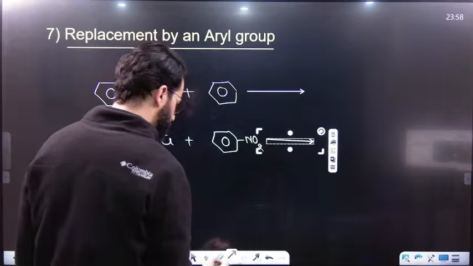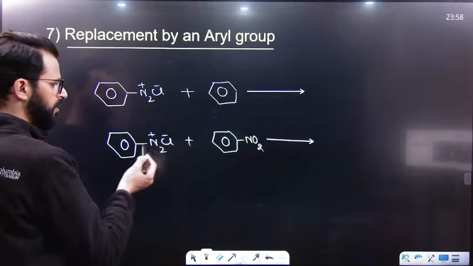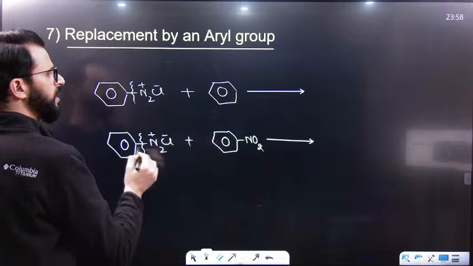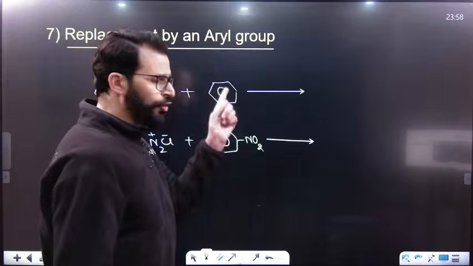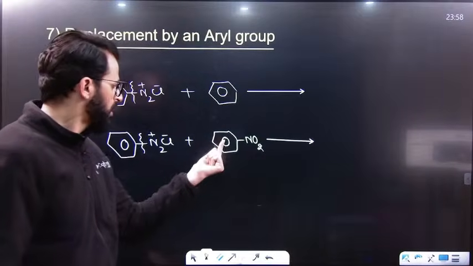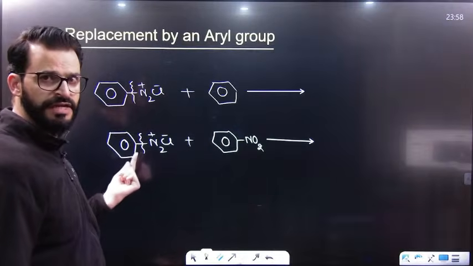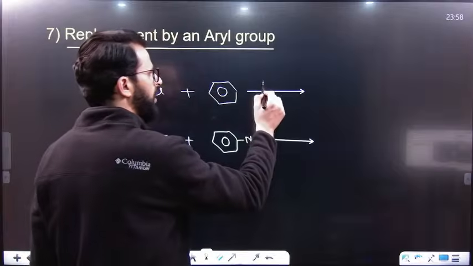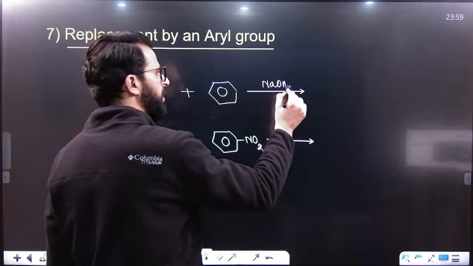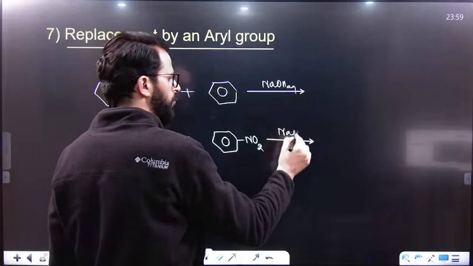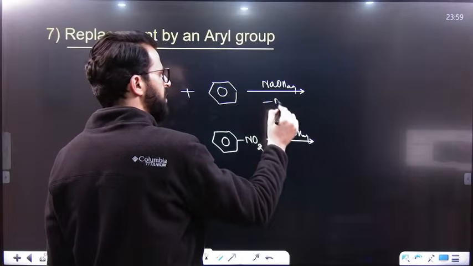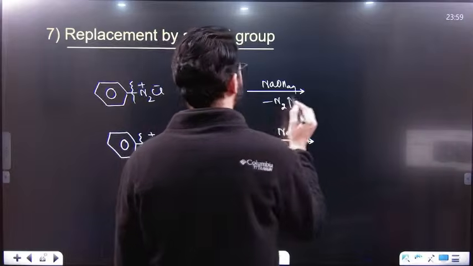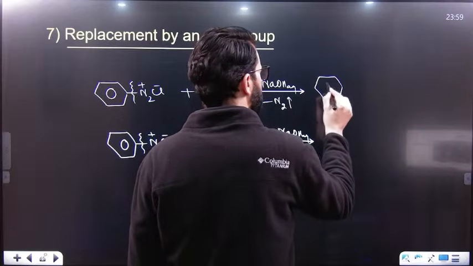We have to simply join this ring to this ring by removing N2. We have to join these two rings by removing N2. But this aromatic ring should couple with this phenyl ring from the para position, irrespective of electron donating or electron withdrawing group. So nitrogen gas will be evolved in both the cases. After that, it will result in the formation of the product like this.